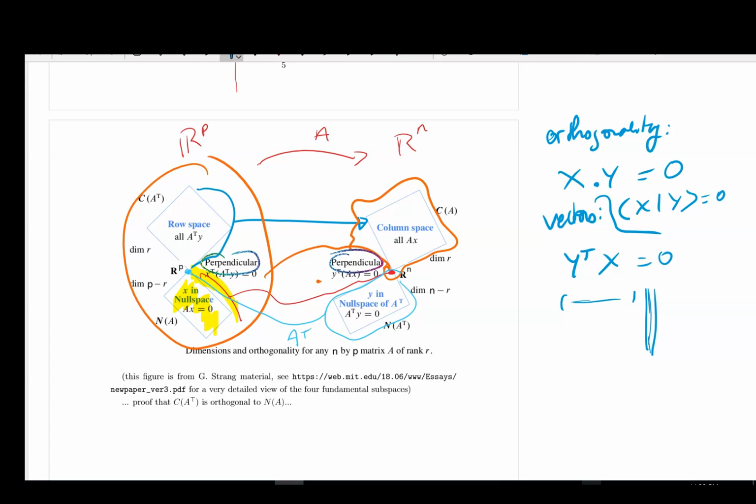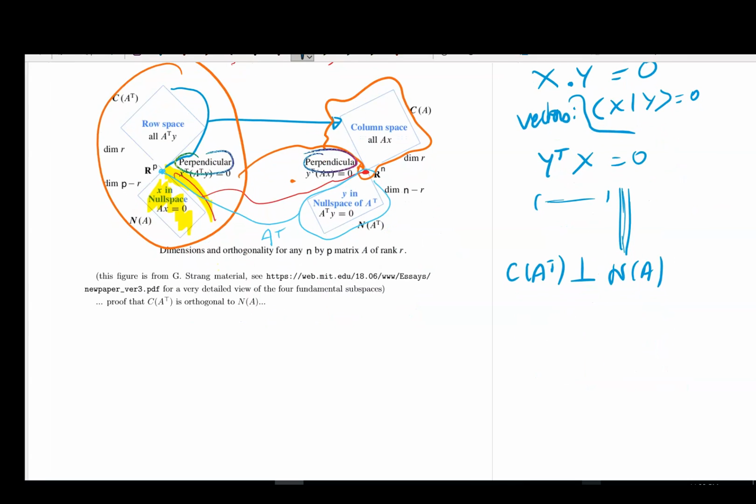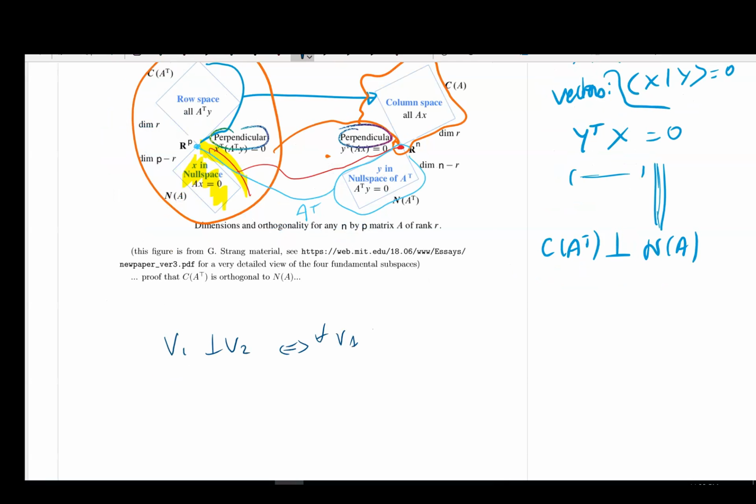All right, so let's prove that the column space of AT is actually orthogonal to the null space of A. What do we mean by saying that two subspaces V1 and V2 are orthogonal? For any small v1 that belongs to V1 and any small v2 that belongs to my second space, the dot product of the two is equal to 0.